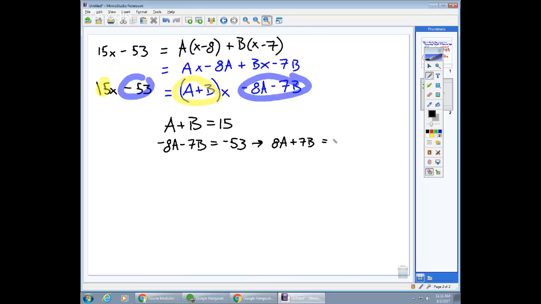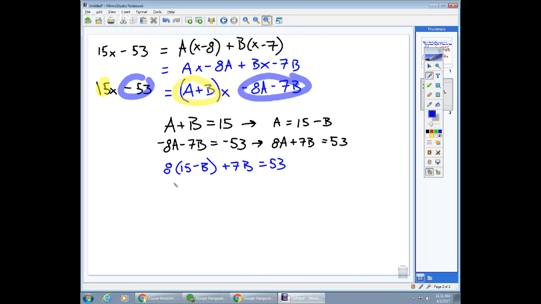And then I think this lends itself well to a substitution. What do you think? So maybe I'll say a equals 15 minus b when I rewrite that one. And so substituting in, what do we get? We get 8 times 15 minus b plus 7b equals 53.